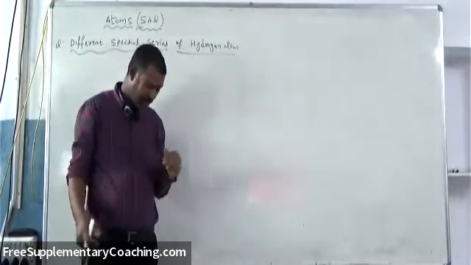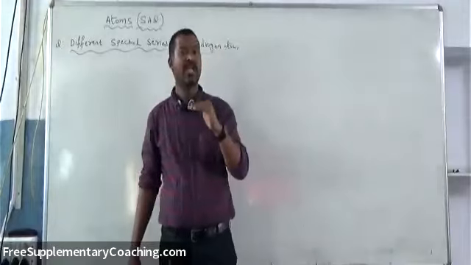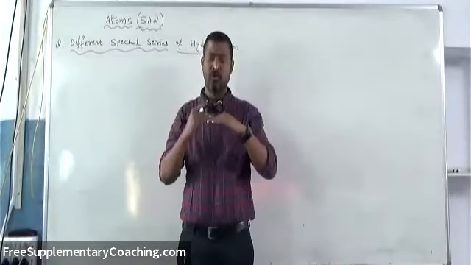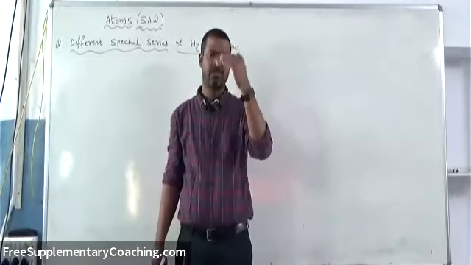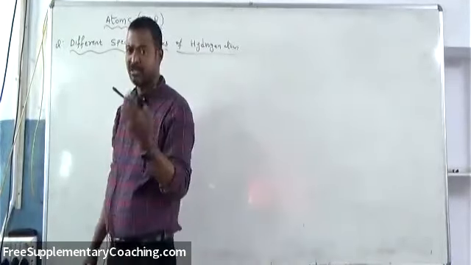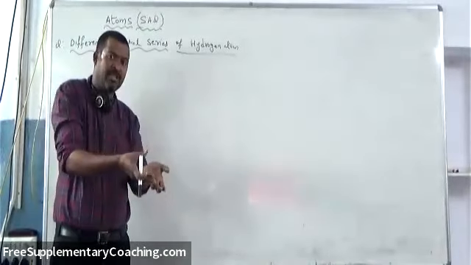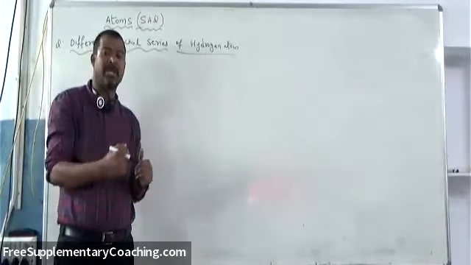An electron jumps from a lower energy level to a higher energy level, so it absorbs energy. That means we need to supply energy. Then the electron in that orbit absorbs it and is excited to the higher energy level.